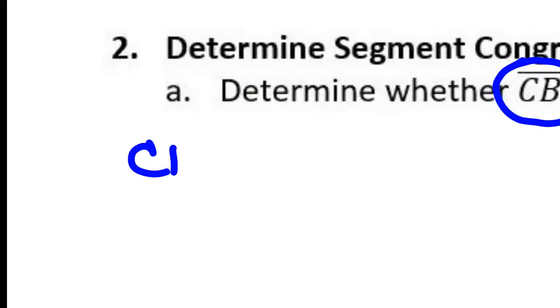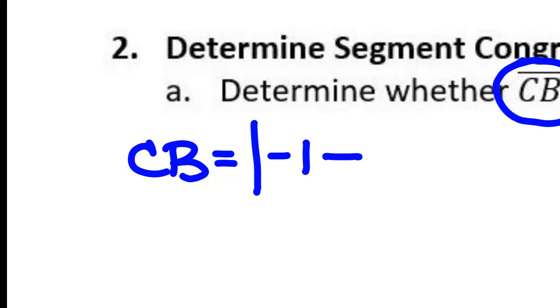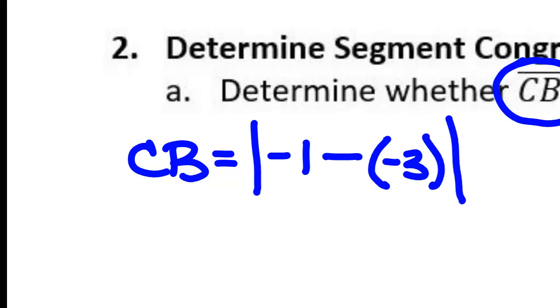So for CB, we do the absolute value of X2 minus X1. So I have -1 minus my X1, which is -3. What happens here where we subtract a negative?